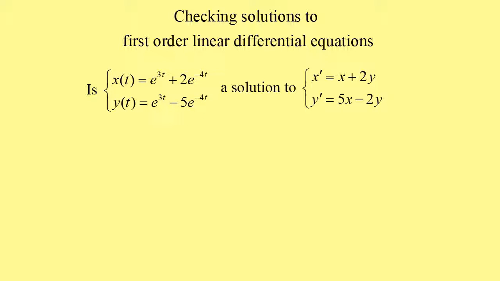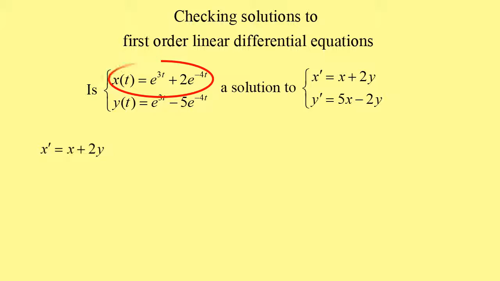Now, the first thing we need to do with the system of equations is make sure we know about checking solutions when we have a system of equations. Well, we did this again way back in chapter 1. We need to take the first equation and check to see if these two x's and y's are solutions to that.